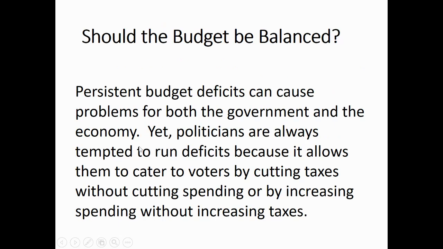So should the budget be balanced? And I bring this up several times in this lesson. Budget deficits can cause problems for both the government and the economy, but politicians are tempted to run deficits because it allows them to cater to voters, because voters love having their taxes cut at the same time as increasing some sort of government spending.